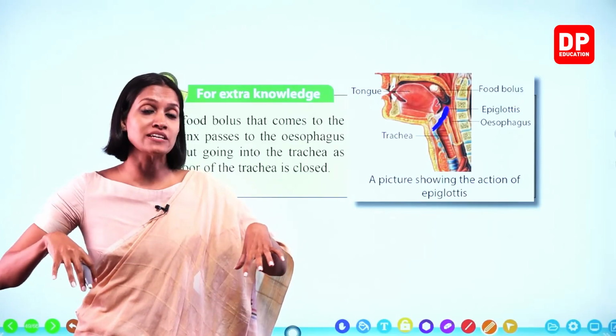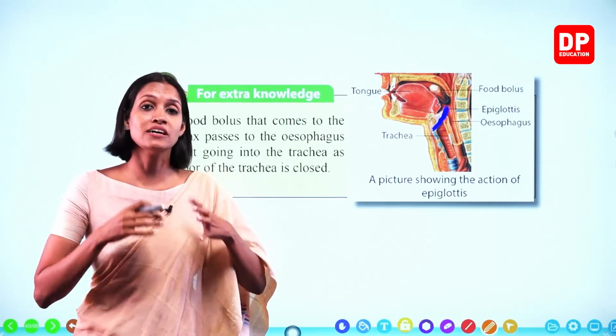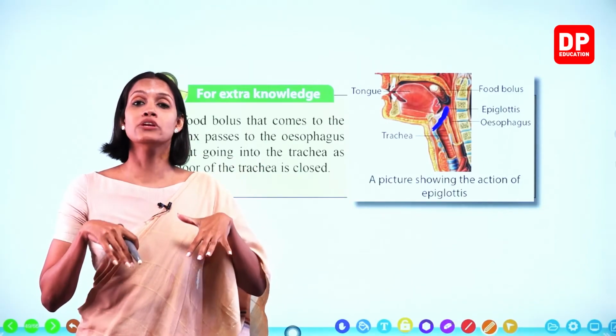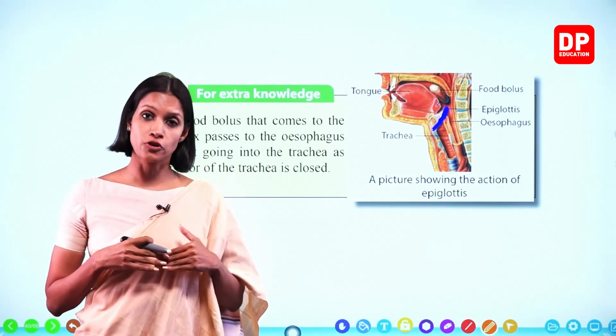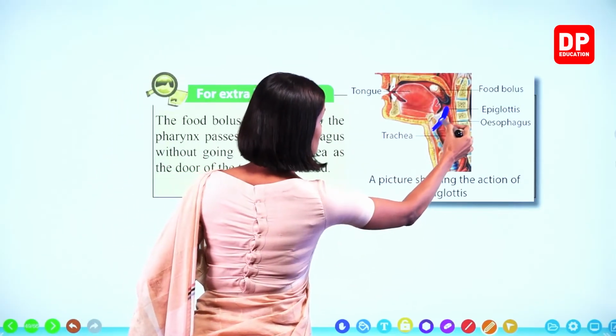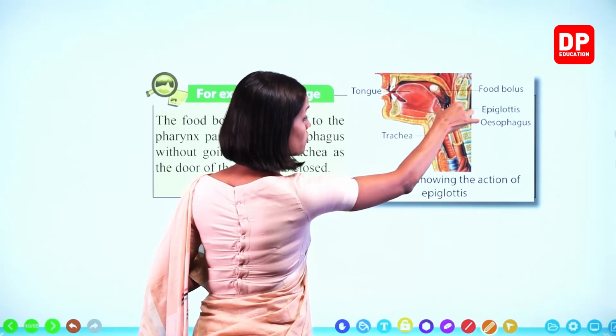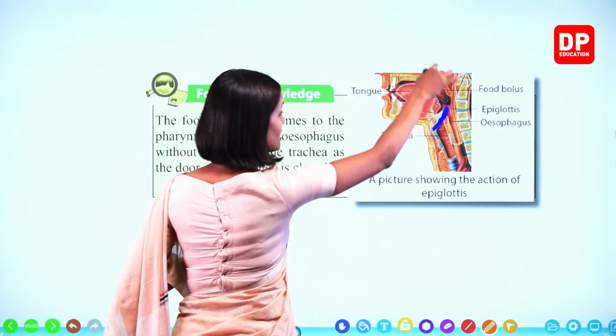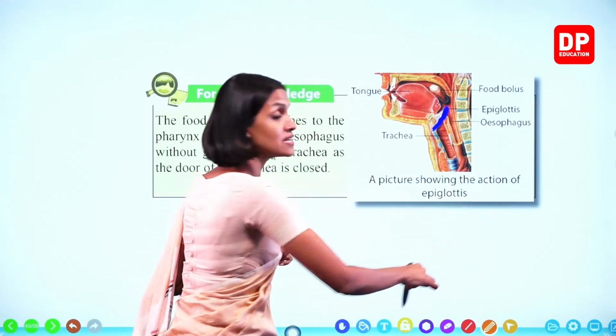It will reach your lungs and block the path of the air. Therefore, air will not be able to reach your lungs and you will die without oxygen. Therefore, it's a must to close this path when you are swallowing food so that the food will not enter the wrong path. It will go through the esophagus itself.